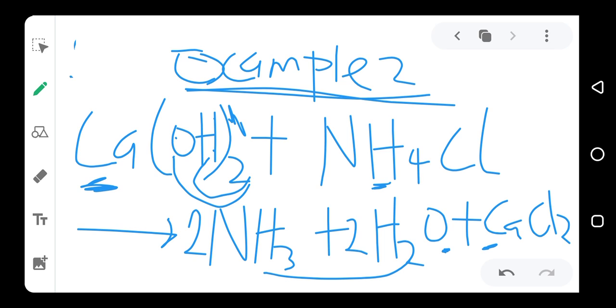If you put 2 here, this becomes 2 times 3, which is 6. And 6 plus 2 is 8. And then for hydrogen here, it becomes 2 plus 4, which is 6.